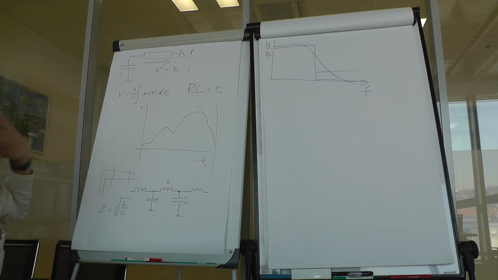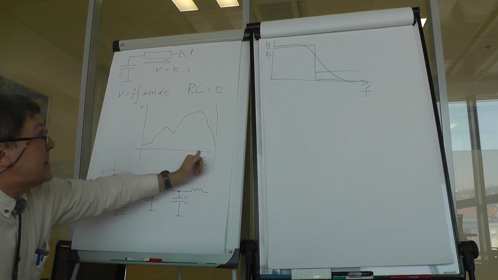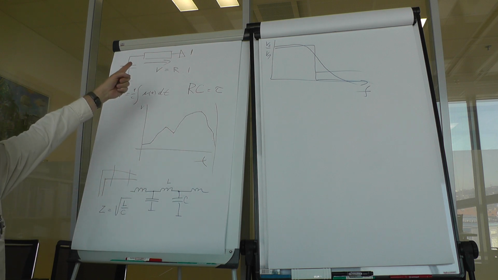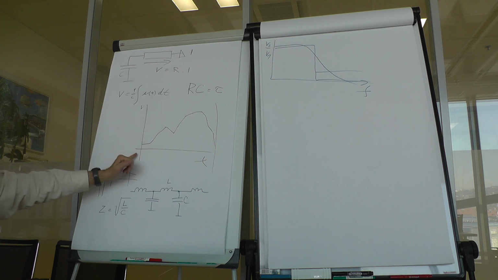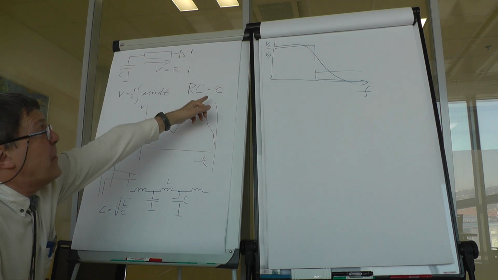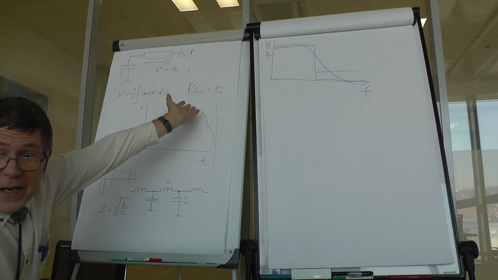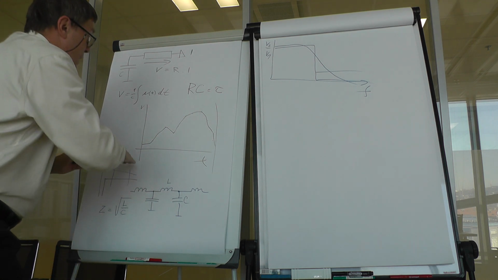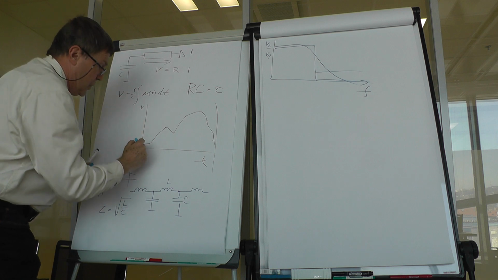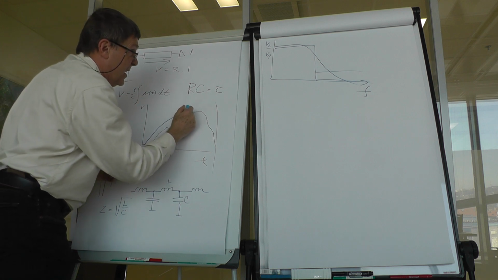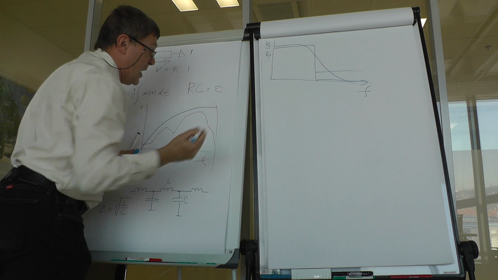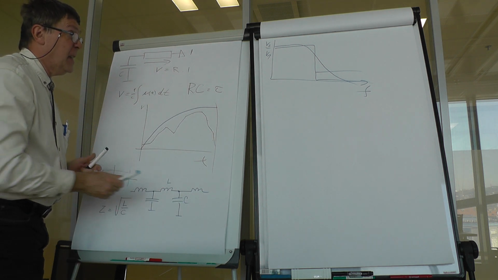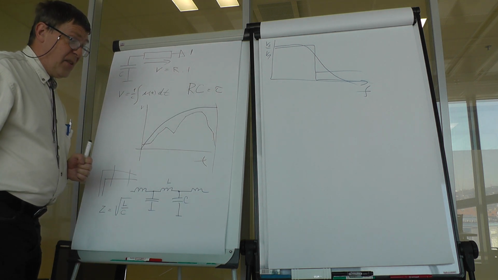So if you would like to characterize that circuit in time domain, you would possibly carry out the integration for 5 time constants, 5 times tau. That is something that would, with a unity step at the input, you would get something like a fully charged capacitor in 5 RC.